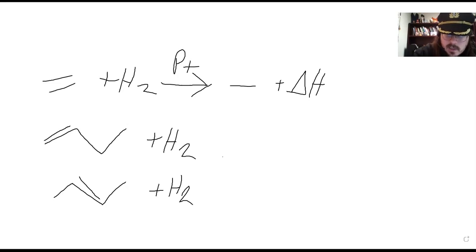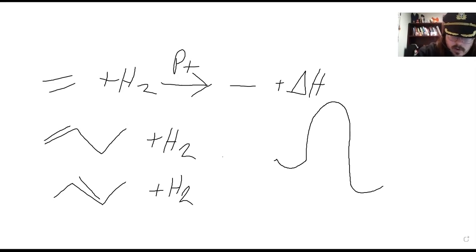When you're looking at an energy diagram, remember, we have reactants and we have products. The product in both of these reactions is going to be the same.